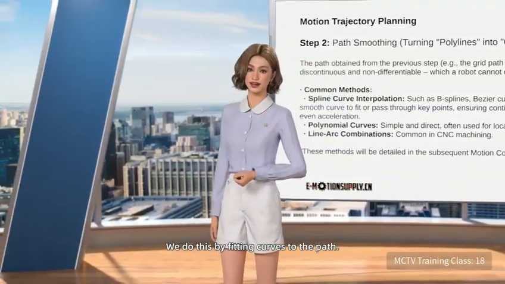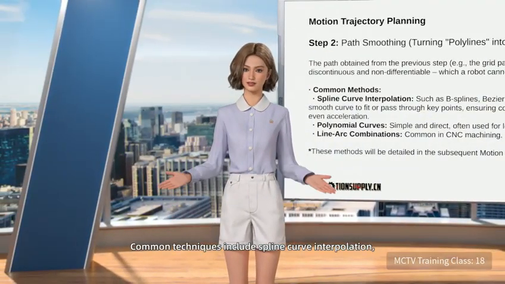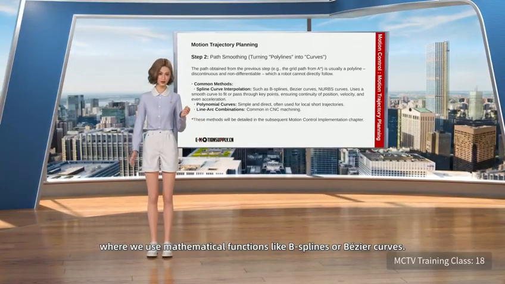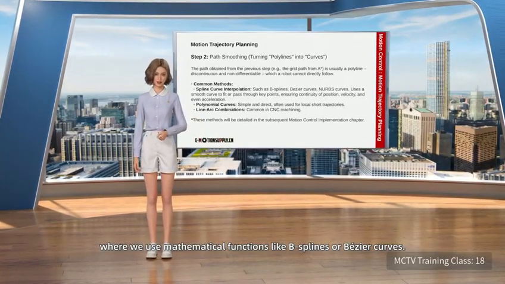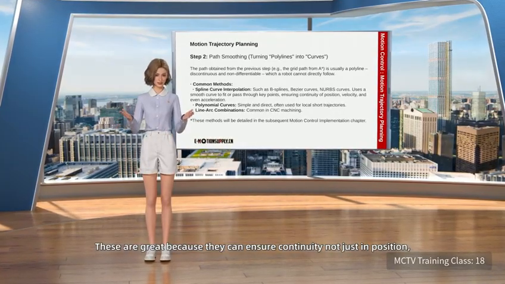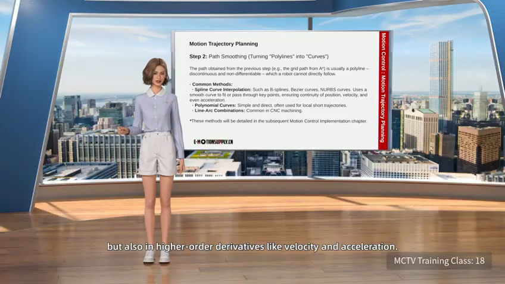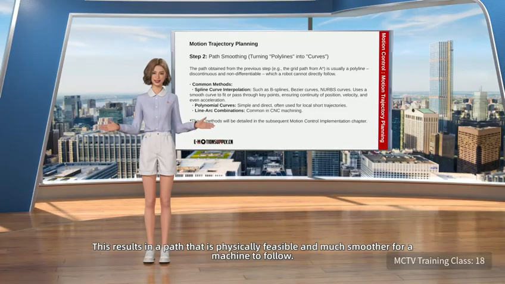We do this by fitting curves to the path. Common techniques include spline curve interpolation, where we use mathematical functions like B-splines or Bezier curves. These are great because they can ensure continuity not just in position, but also in higher-order derivatives like velocity and acceleration. This results in a path that is physically feasible and much smoother for a machine to follow.